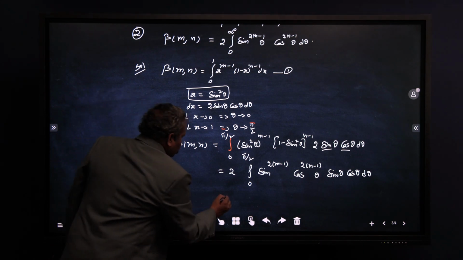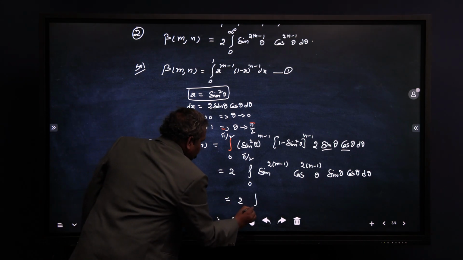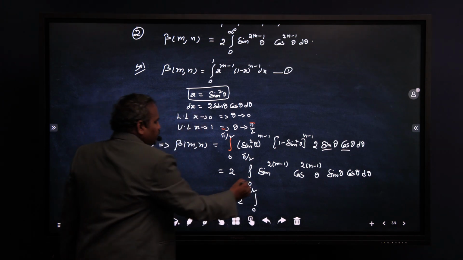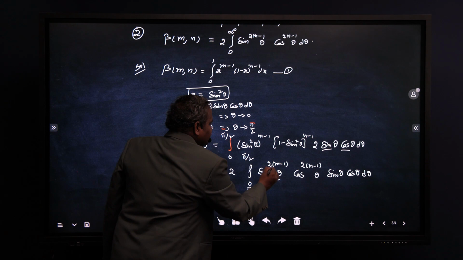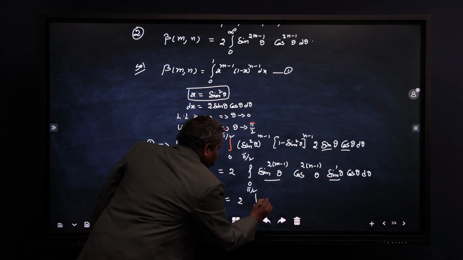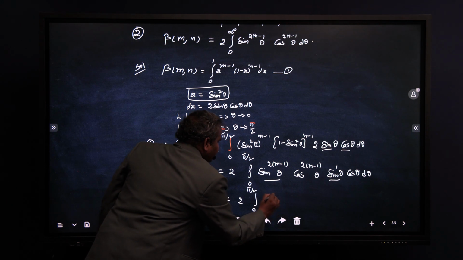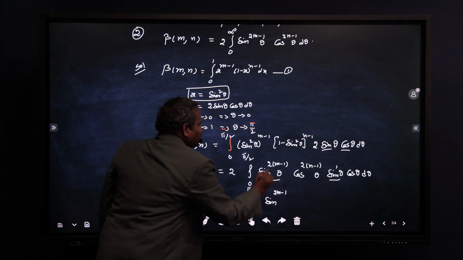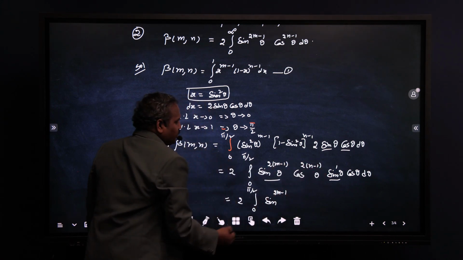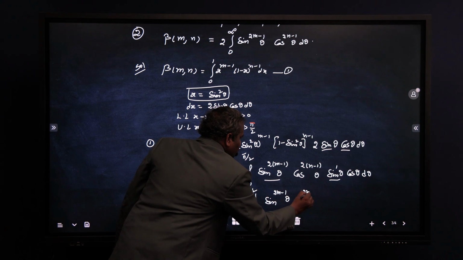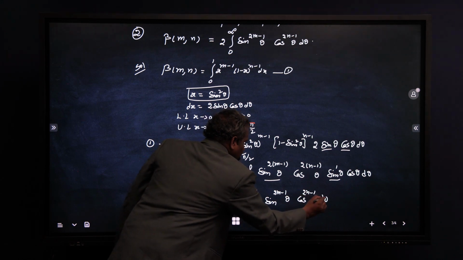This is equal to 2 into integral 0 to pi by 2. Here the sine power is 2 into m minus 1, and the other sine power is 1. Bases are equal, so the powers should be added. Then this changes as 2m minus 2 plus 1, that is sine power 2m minus 1 theta. Similarly cos power 2n minus 1 theta d theta.